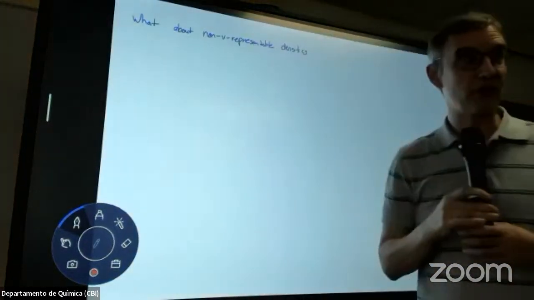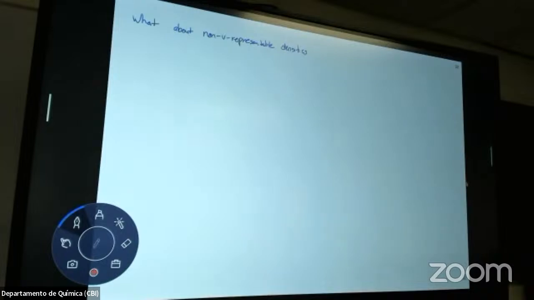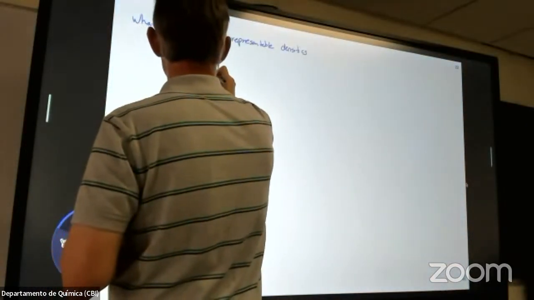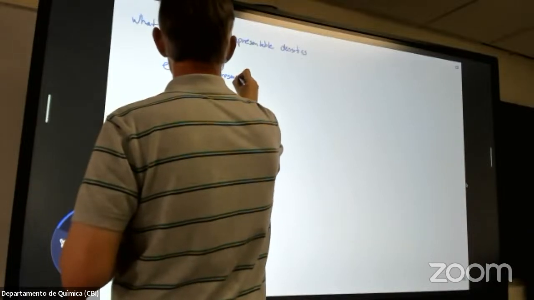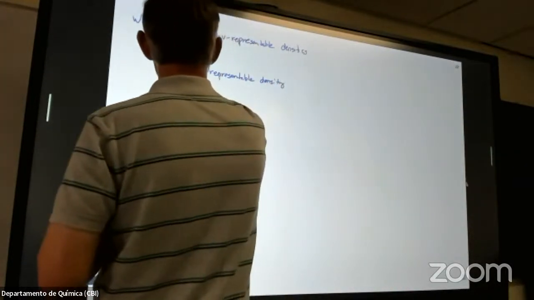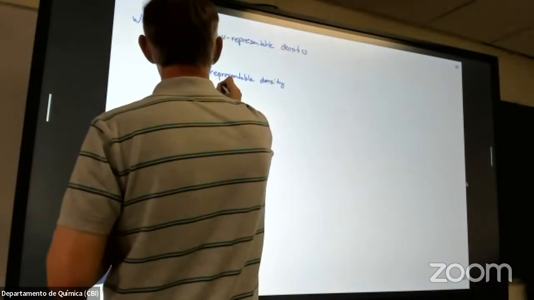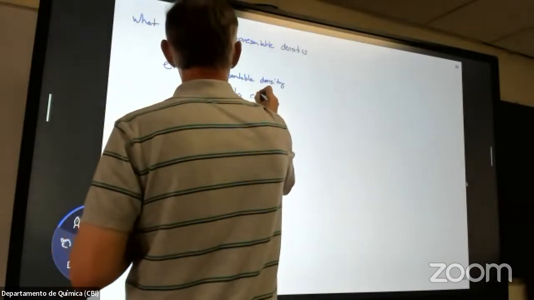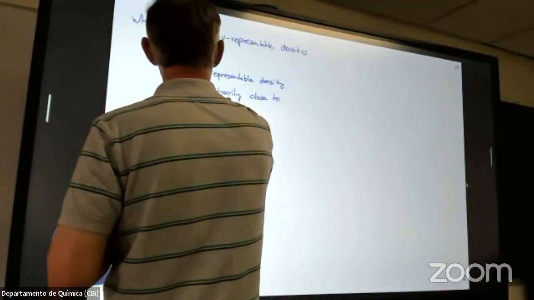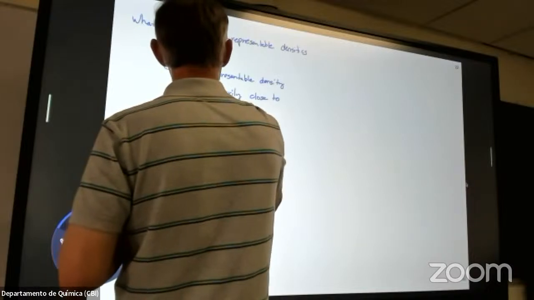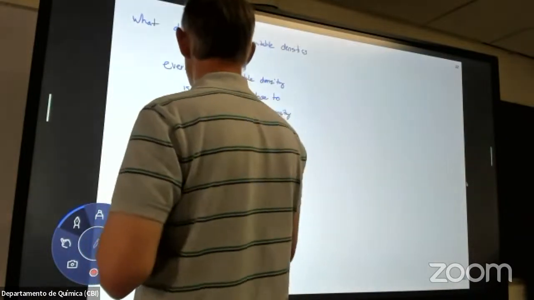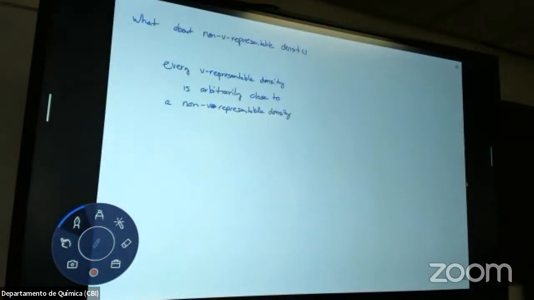Okay. So what about non-V representable densities? So one thing that we can say, and we talked about this earlier, is that every V representable density is arbitrarily close to a non-V representable density.